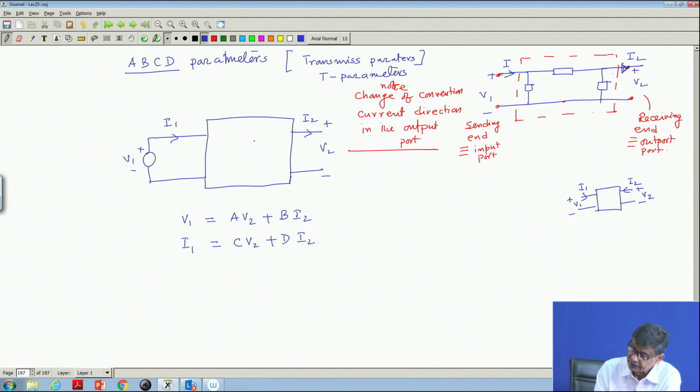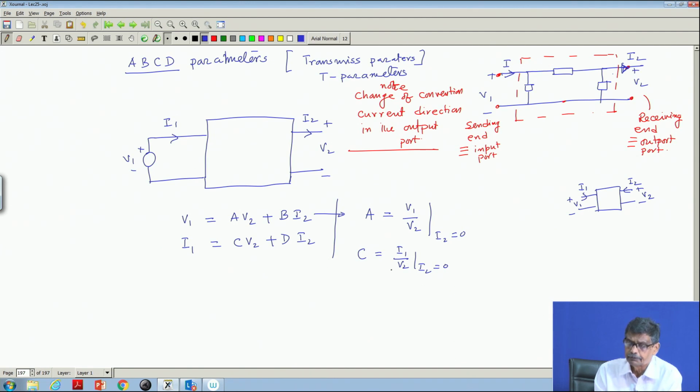Now, let us see what is A. A is equal to V 1 by V 2 with I 2 equal to 0, from the first equation. If you somehow maintain I 2 equal to 0, then A will be V 1 by V 2, and with I 2 equal to 0, similarly C will be I 1 by V 2 with I 2 equal to 0.